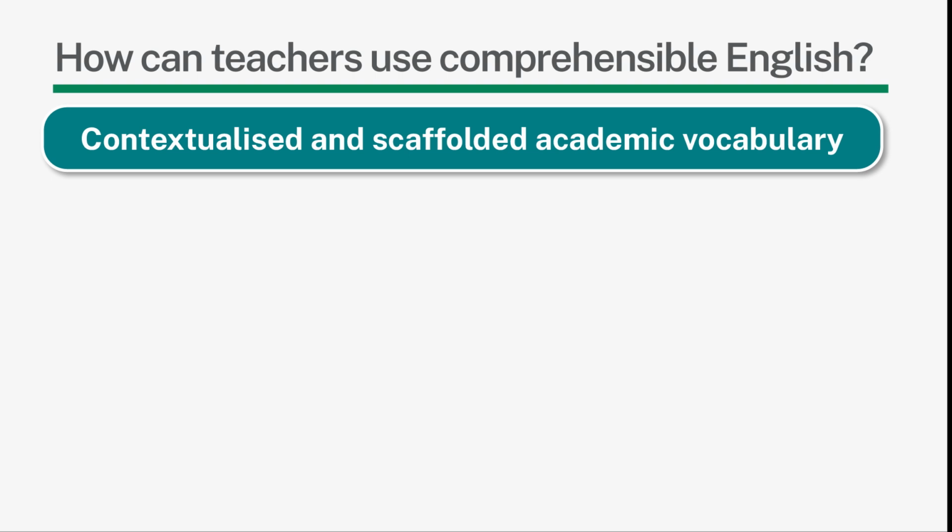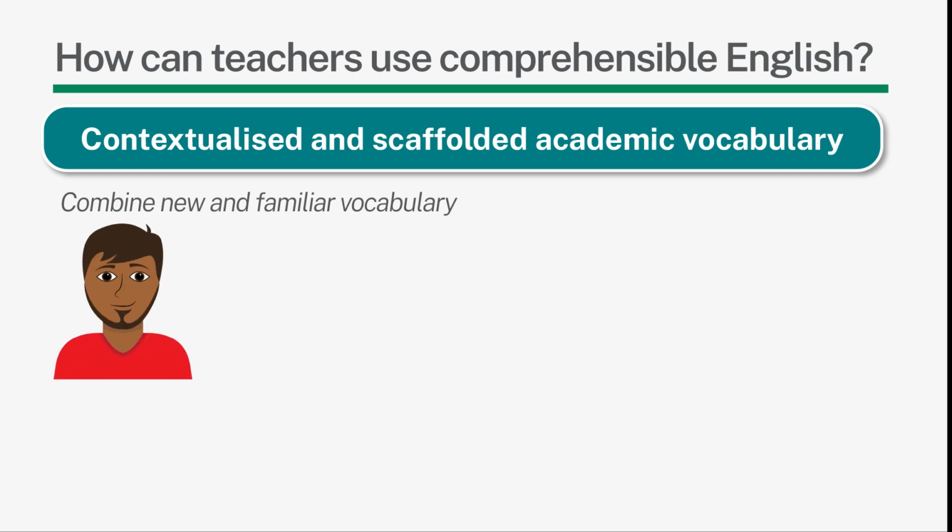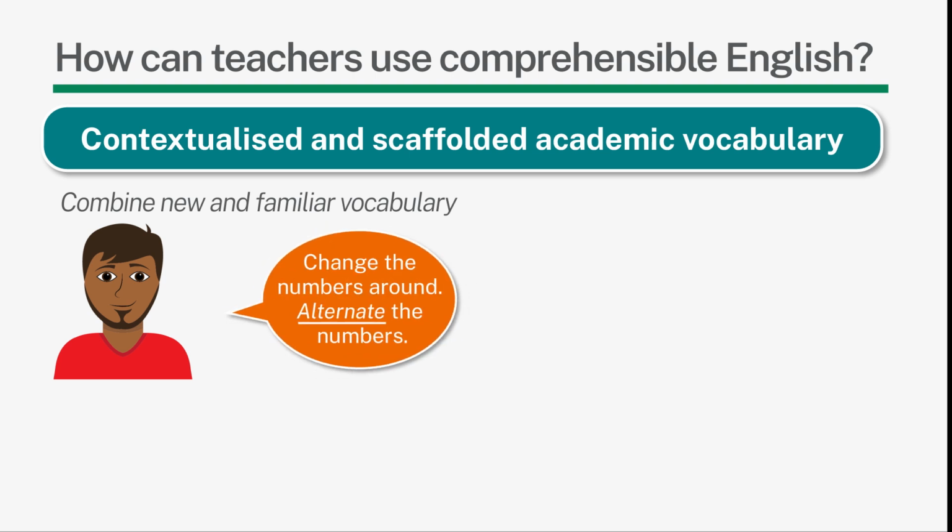To support vocabulary development, teachers can use a combination of familiar and new vocabulary so that learners can draw on what they already know and use that context to learn new words. For example, when introducing the term alternate, first say, "Change the numbers around," then say, "Alternate the numbers." Repeat new vocabulary by using it in multiple ways.